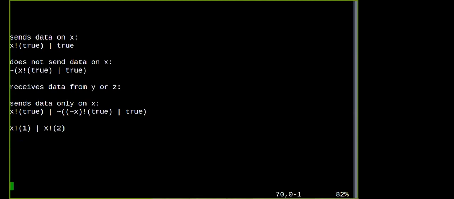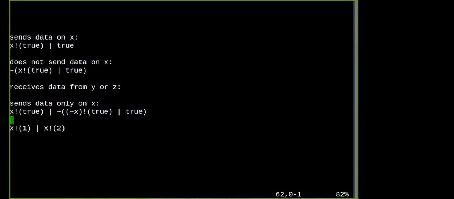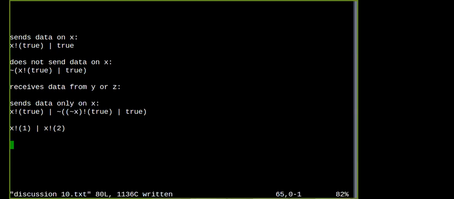Wait, the X bang 2 does not match the right-hand side, right? It does. Well, it doesn't match the send on not X, right? That's right. X bang 2 fails to match with send on not X. But since we then have that negation out front, send 2 on X matches with the entire right-hand side. I see. Okay. Yep. But we're still happy, right? We've still solved the assignment. Okay.